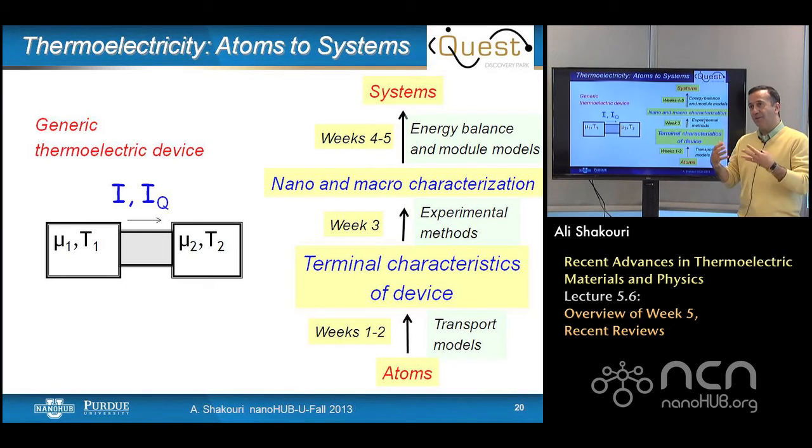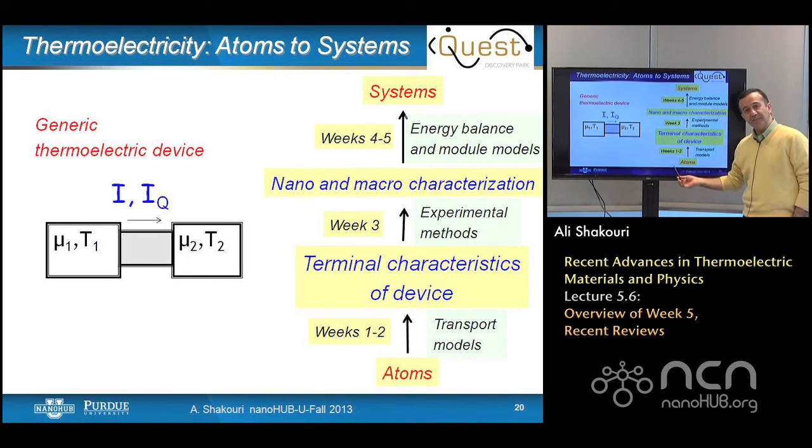Even though usually people who study phonon transport and thermal conductivity or people who study electron transport and electrical conductivity are two different communities, really the underlying formalism, this Landauer formalism, is quite general and can be looked at for both carriers. And for thermoelectrics, you need to do that because that's what is happening in the material.